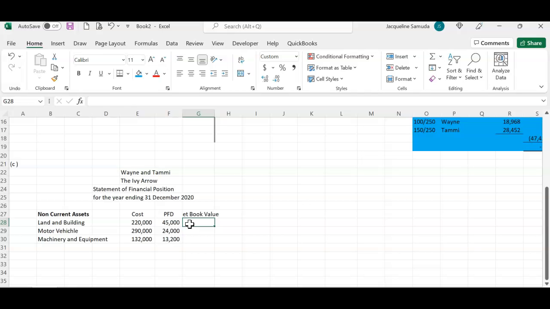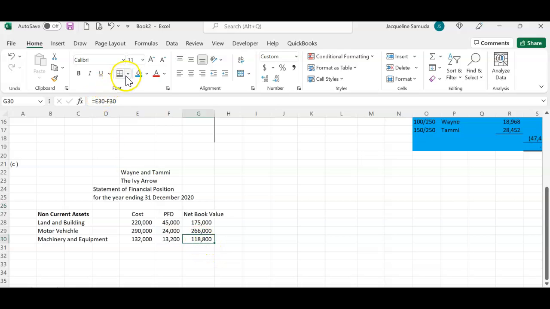Now here's the thing. The final column, which is the net book value, is found by taking the cost and subtracting from it the new provision for depreciation, which we haven't worked out yet. So when you come back, we're going to put in the figures we had calculated so that this column can be correct.